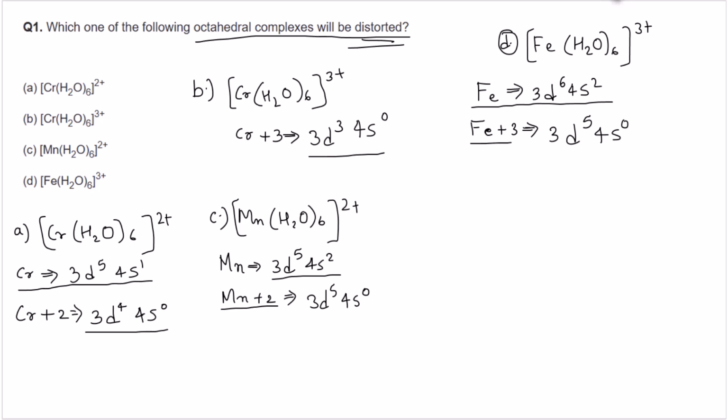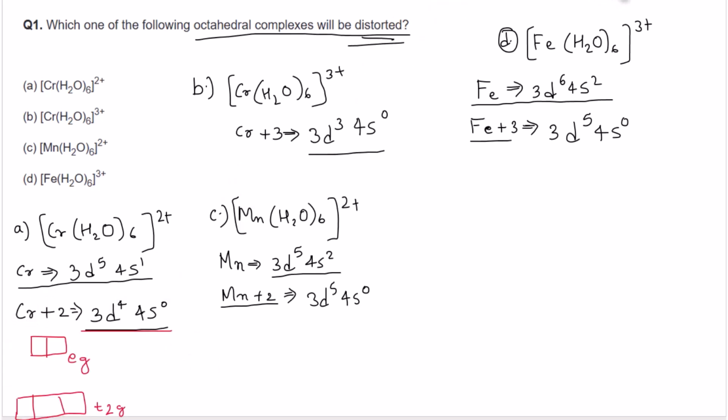Now let's check how these electrons will be filled. Coming to chromium plus 2, in the first option we have a d4 valence electronic configuration. This can fill like this: one electron each in t2g according to Hund's rule, and one electron goes to the eg.